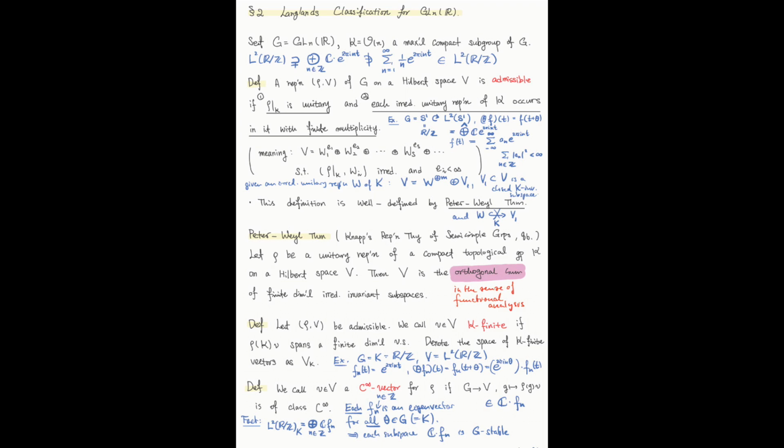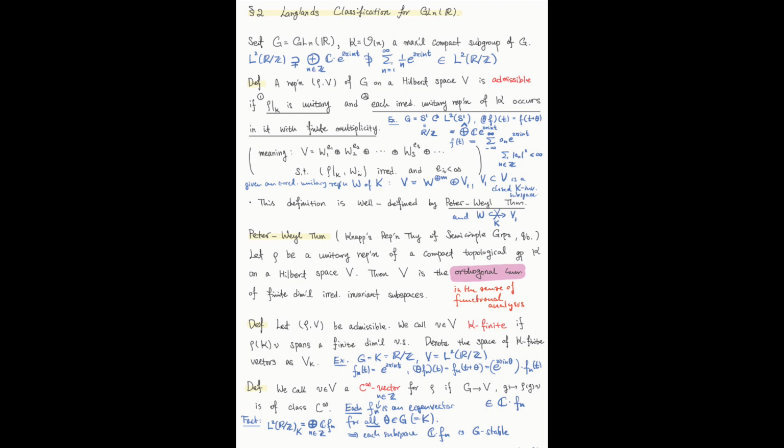But morally, the idea behind this is indeed that it's, so to speak, the direct sum of irreducibles with finite multiplicities. But a Hilbert space which has a countable basis in the sense of linear algebra, and when I say in the sense of linear algebra, I mean sometimes people in functional analysis call what's called a Hilbert basis also a basis.